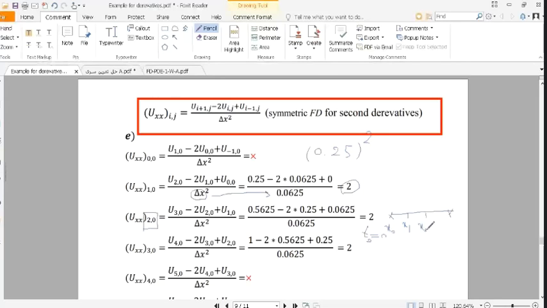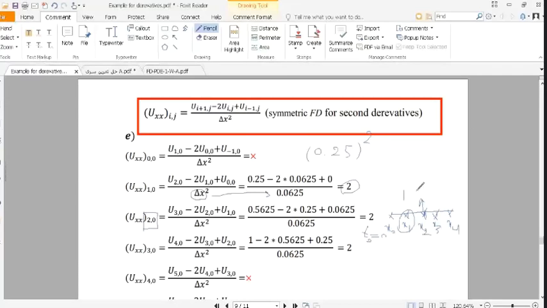We should use u at this point, this point, and this point. For u at x1 we use the coefficient 1, for u at x2 and t0 we use the coefficient -2, and for the next point we use the coefficient 1.